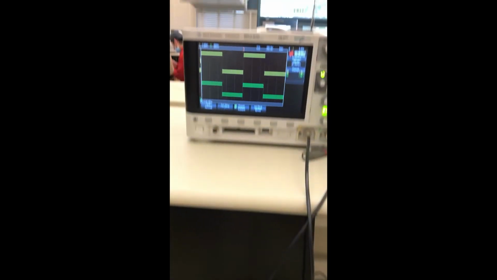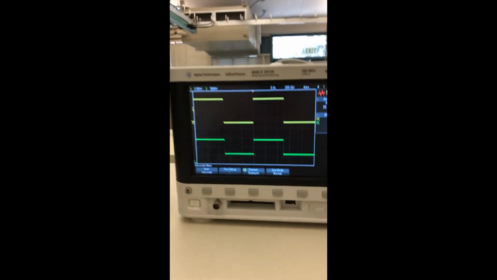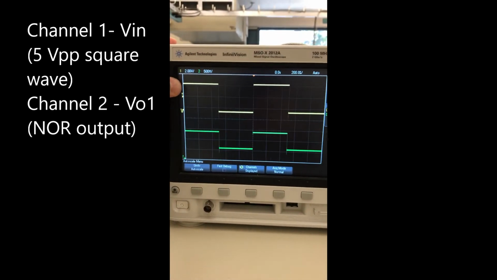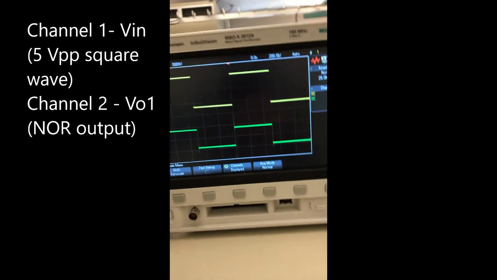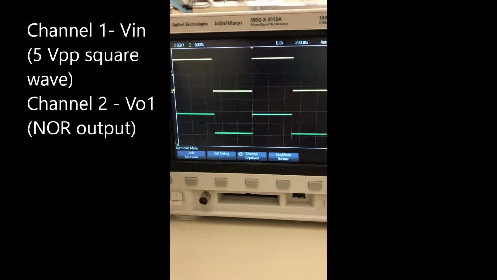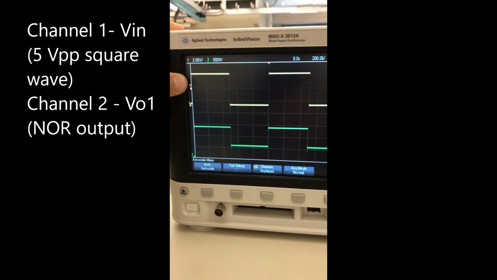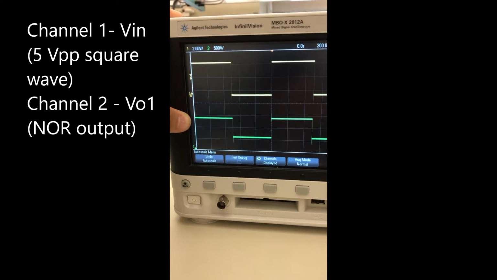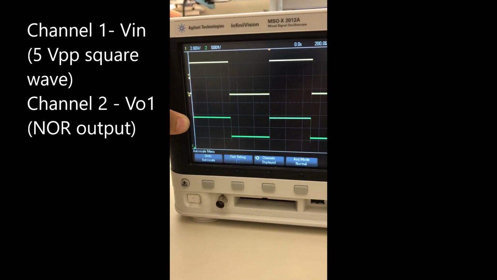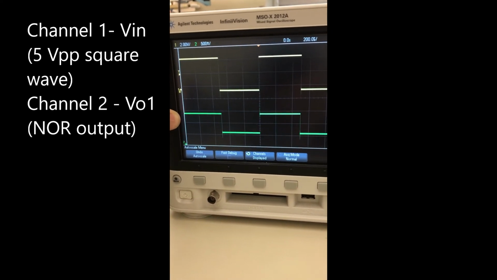For our TTL to ECL circuit, we obtained waveforms, and as you can see, channel 1 represents our input waveform feeding into the TTL. Our output waveform, which is from the NOR output of our ECL, is shown here from channel 2 in green.